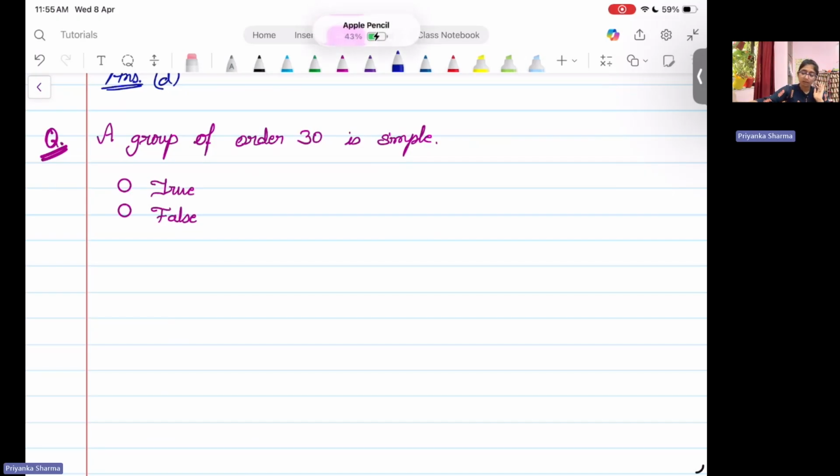Okay. What is the next question? There is a statement: we have a group of order 30 which is simple. Is it true or false? For that, we need to consider all possible groups of order 30.